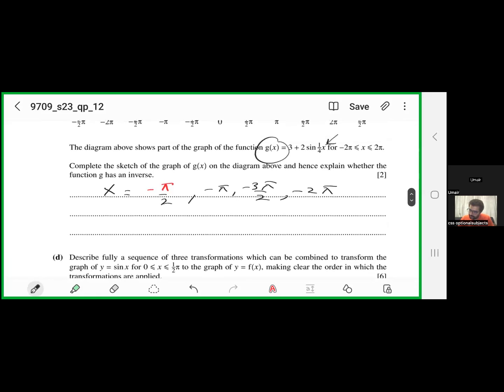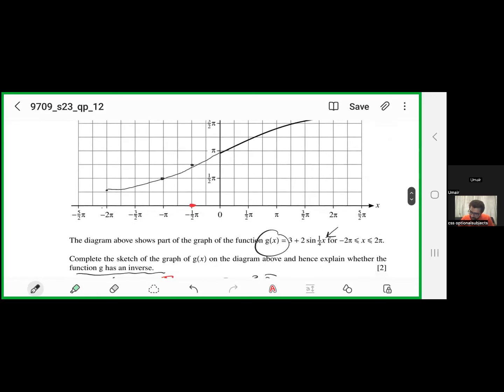explain whether g has an inverse. So I would say yes, because it is a one-to-one graph. It is a one-to-one function. One-to-one means for every value of x, you have only one value of y.